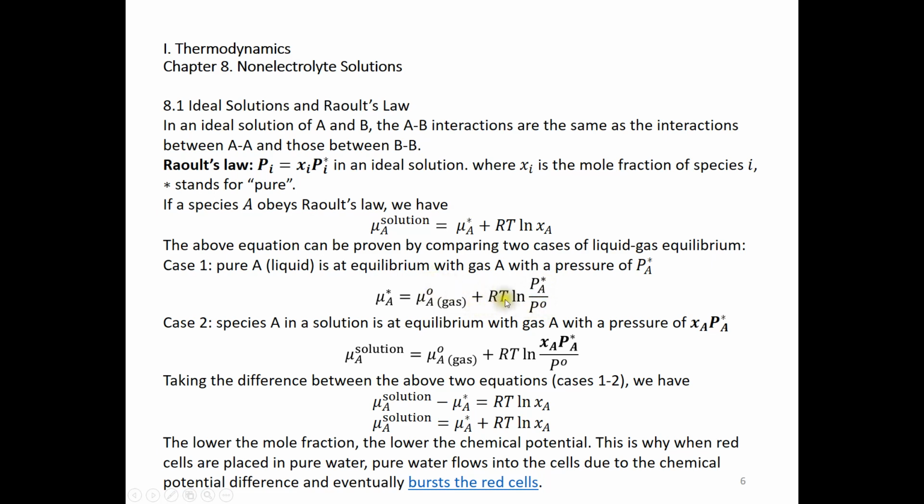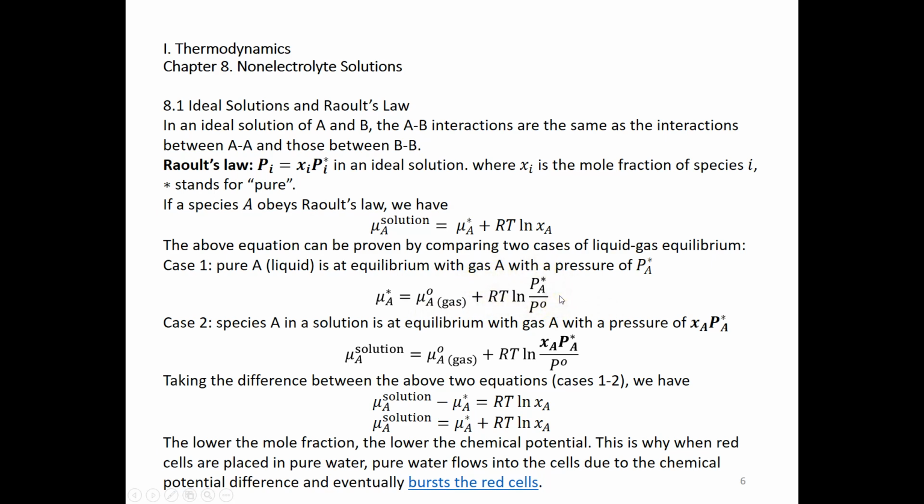If you don't recall how we got this, just remember for a pure substance, d mu is equal to dg, and d mu is equal to dgm, the differential of molar Gibbs energy, and dgm is negative molar entropy dT plus molar volume dP. When the temperature is constant, dgm is simply molar volume dP, and we can integrate both sides and you will see a logarithm here.